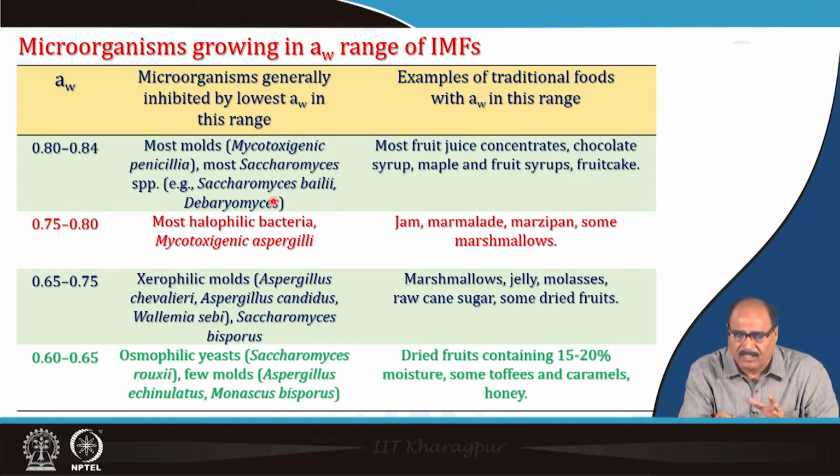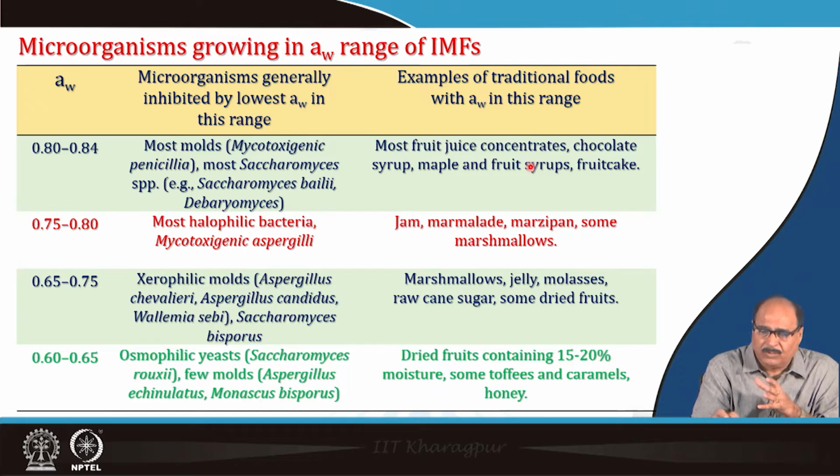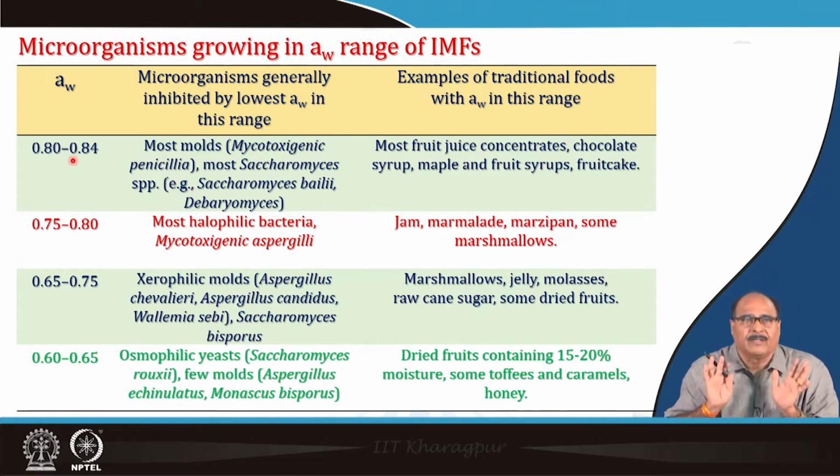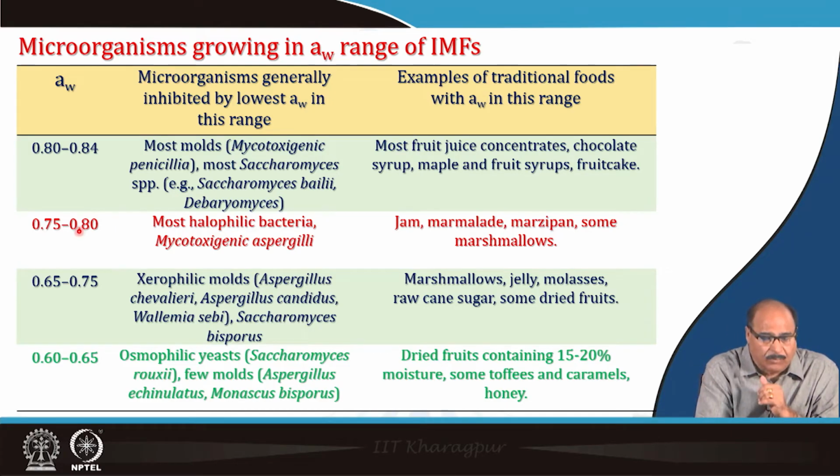This is done in the case of most fruit juice concentrates, chocolate syrup, maple or fruit syrup, or fruit cake. These are the products whose water activity is brought to this level and they are microbiologically safe. Similarly, there is the water activity range of 0.75 to 0.8.